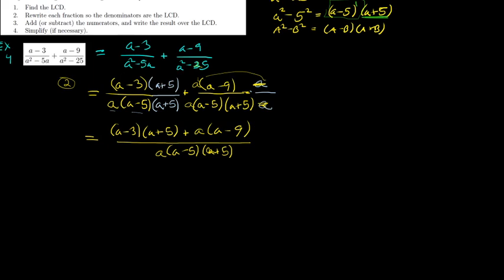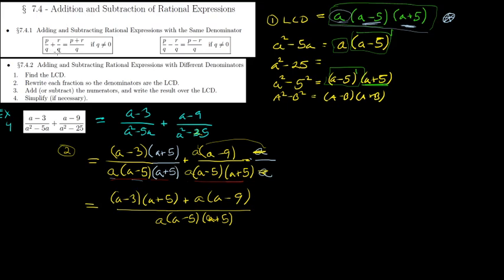So yes, this fraction and this fraction are not in lowest terms anymore because they have common factors that we could cancel. However, that's okay. The point is they had the same denominator. We got the same denominator so that we can add the numerators. Remember, you can only add or subtract the numerators when the denominators are already equal.